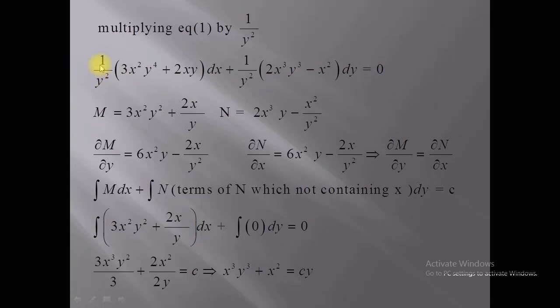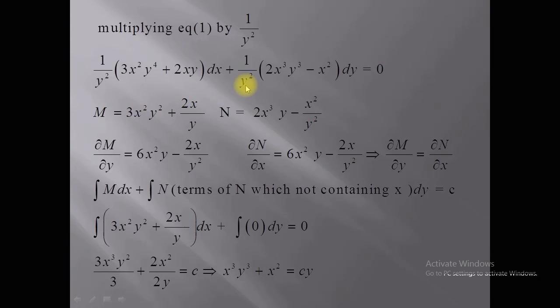So multiplying 1 over y square to this expression, 3x square y4 divided by y square, taking y square from y power 4, we get 3x square y square, plus 2xy divided by y square, so we get 2x divided by y. Now this is the new M function.